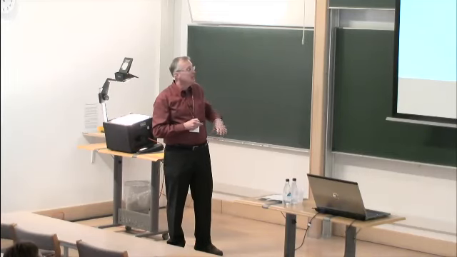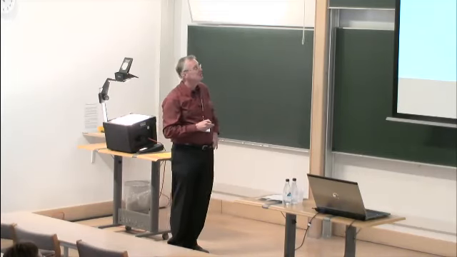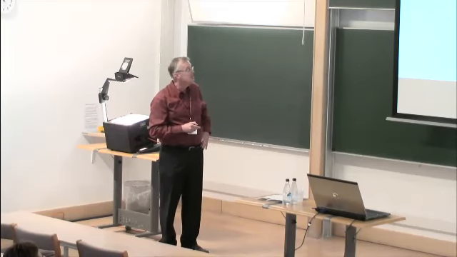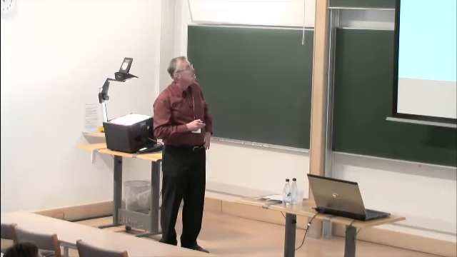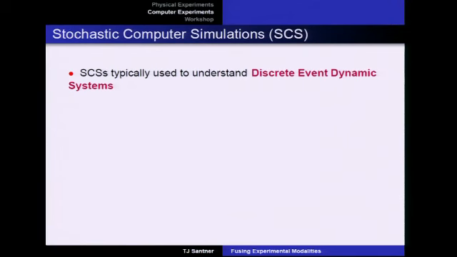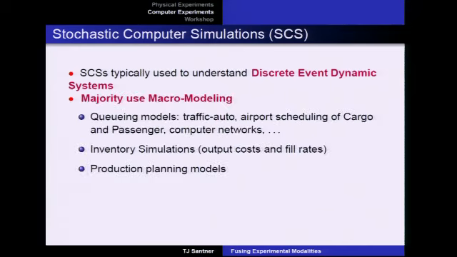Computer experiments replace the physical system with some sort of computer simulator, either stochastic or deterministic. The stochastic computer simulations typically are involved with discrete event dynamical systems, and we'll hear a lot about those over the next several days. From my point of view, the majority of these use what might be thought of as macro modeling, that is to say, queuing models to represent traffic in some generalized sense.